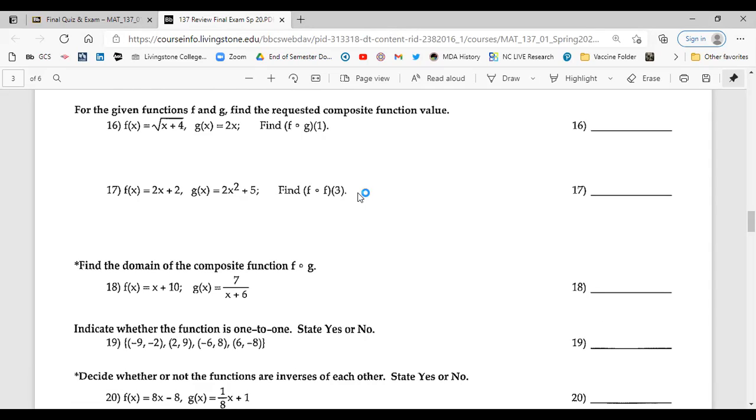So let me just copy this. 16: f of x equals the square root of x plus 4, and g of x equals 2x, and we want to find f composed with g at 1.